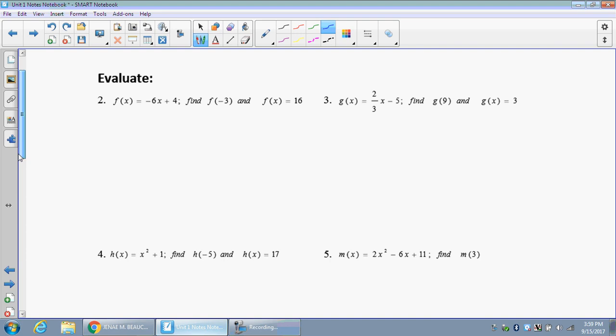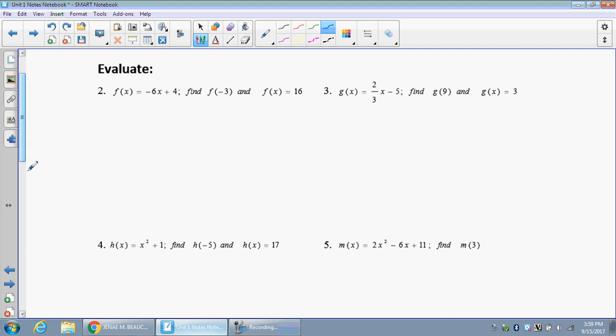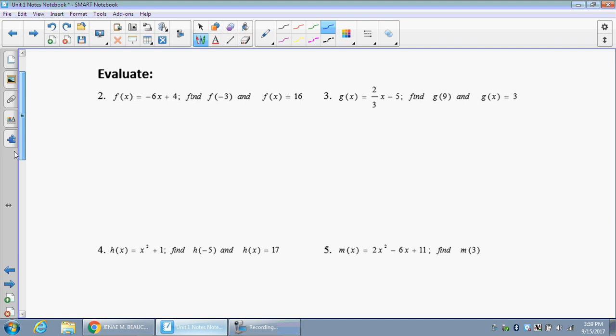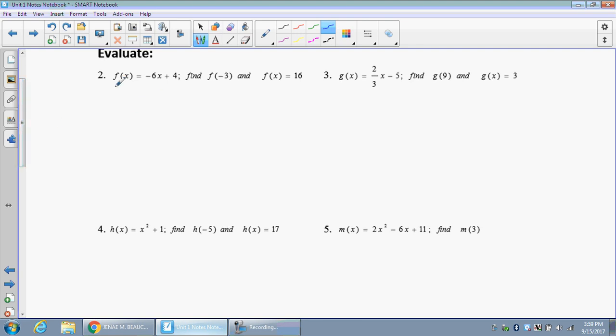So let's practice. In numbers 2 through 5, our directions have changed a little bit because if you look at number 2, I'm actually asked to find two things. It says find f of -3 and f of x. So I'm actually going to ask you if you're comfortable, based on the two I just did, to pause and try these.